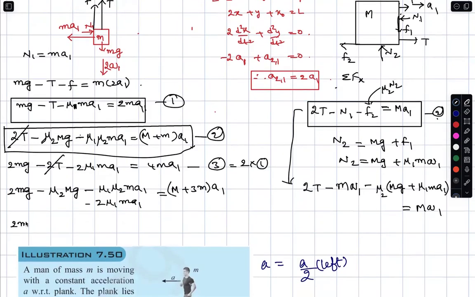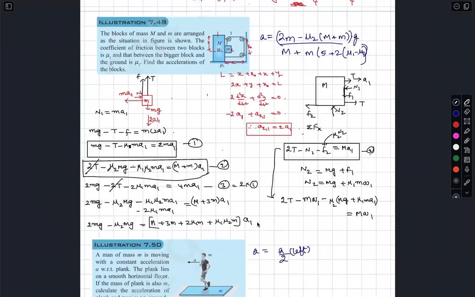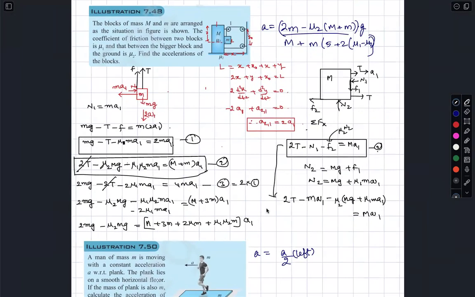And that is 2mg minus mu2 mg done. All a1 terms one side are capital M plus 3 small m plus 2 mu1 m plus mu1 mu2 m all put together is a1. Remember, that is the acceleration of the block.